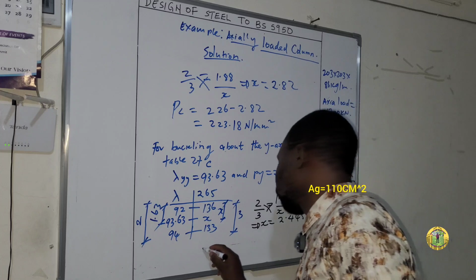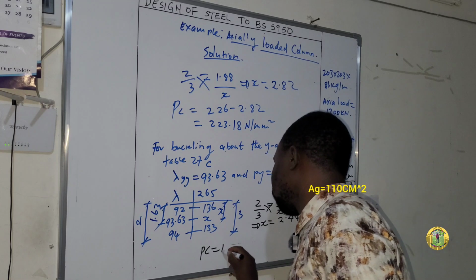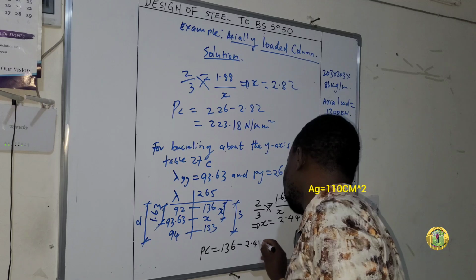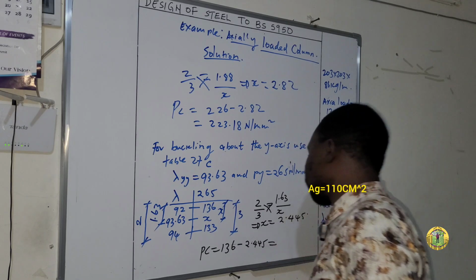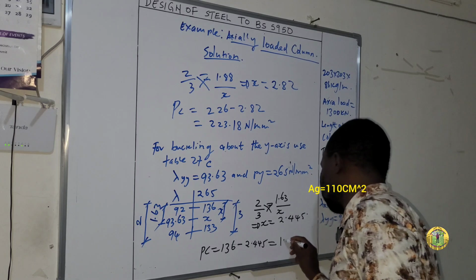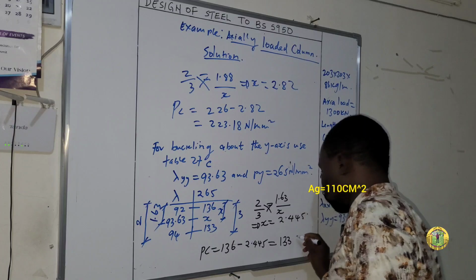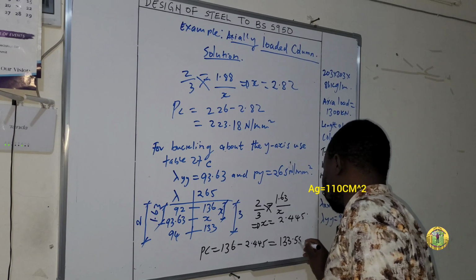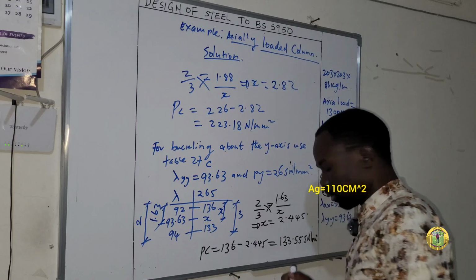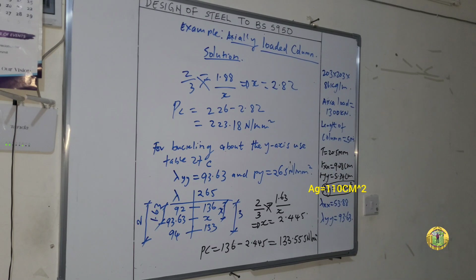Then Pc is equal to 136 minus 2.445, which is equal to 133.555 Newton per millimeter square. Like that.